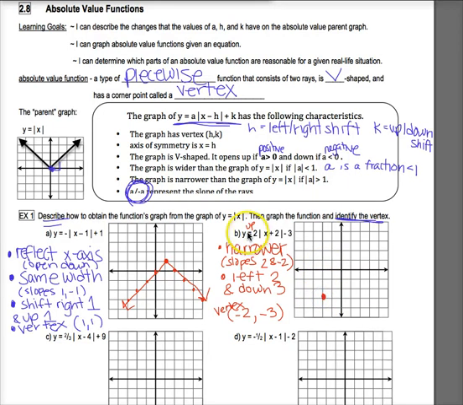It's going to open up, we said, since the A was positive. So from this point, I'm going to go up 2, right 1, up 2, right 1 to make it open up, as well as up 2, left 1, up 2, left 1. So those rays, one of them, this one right here, has a slope of 2. This one right here has a slope of -2.